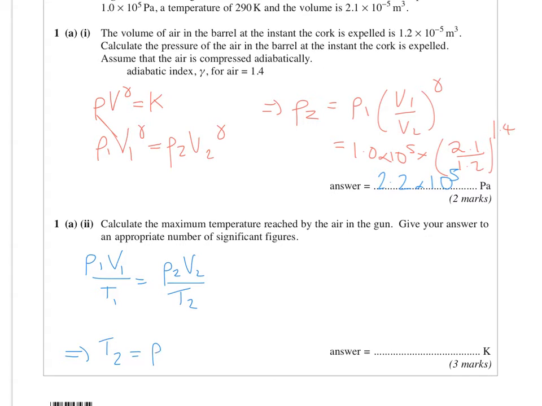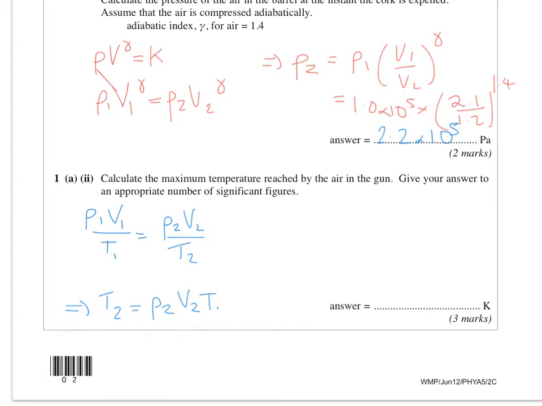So that's going to be P2 V2 T1, all divided by P1 V1. So that's going to give us 2.2 over 1.0, actually it's 2.18. The 10 to the 5 is going to cancel, and then we have the volumes, and that's going to be 2.1, and then we're finally multiplying by the temperature.